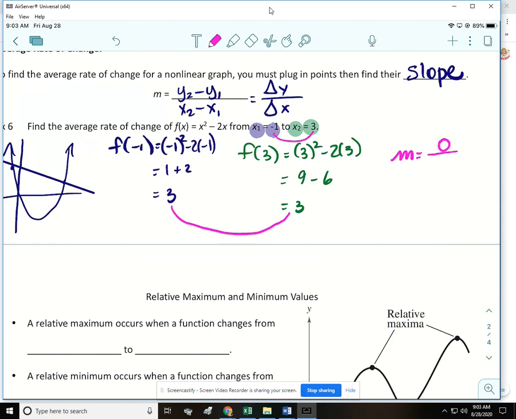So that increased by 4. So we would do +4 there. So 0 divided by 4 is 0. So that's the average rate of change. I think thinking about the change is the quickest way to do it. If you don't like that, it's not a problem. You just go back and use that slope formula you used to do in Algebra 1.